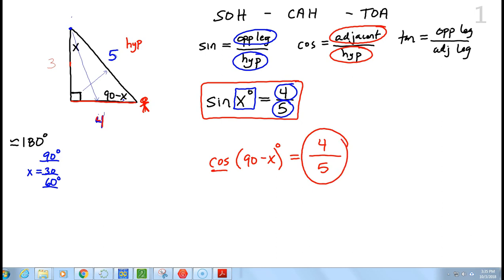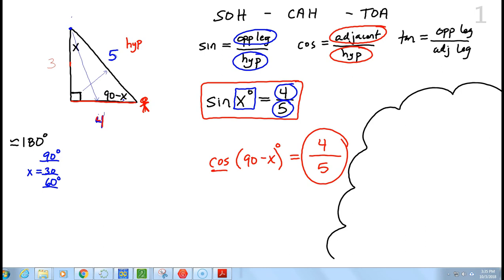Now that was a long, drawn out way where you had to know the trig ratios, but there's actually a shortcut, and there usually is on the SAT. There's usually a shortcut if you know some deeper knowledge. So the big time shortcut is this.